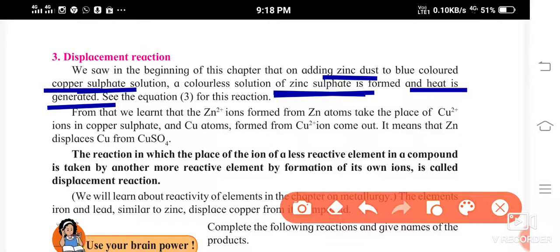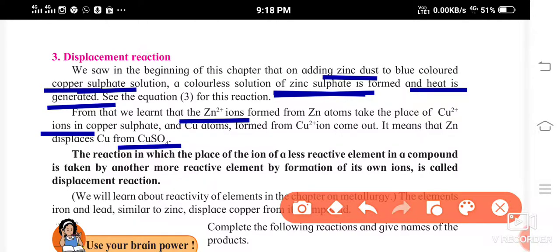From that we learnt that zinc ions formed from zinc atoms take the place of copper ions in copper sulfate, and copper atoms formed from Cu2+ ions came out. It means that zinc displaces copper from copper sulfate solution.